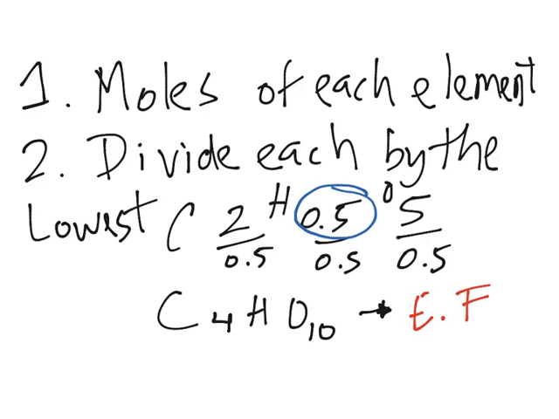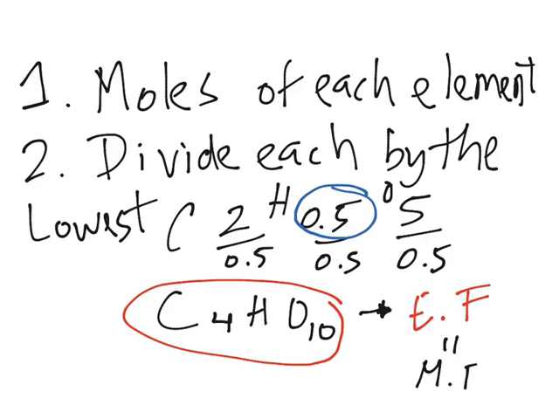Now, the next step. In that problem you will usually be given a molar mass, the molar mass of the whole compound. But you want to find the empirical mass to know if the empirical formula is equal to the molecular formula, or if there is a separate molecular formula.